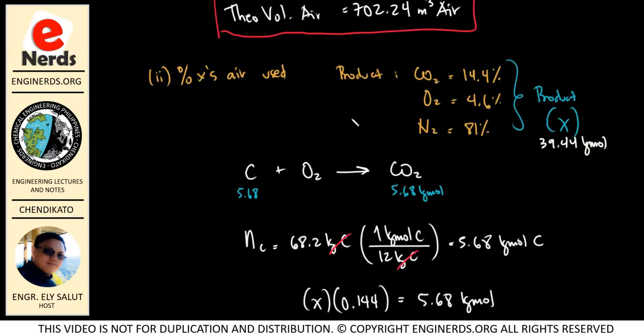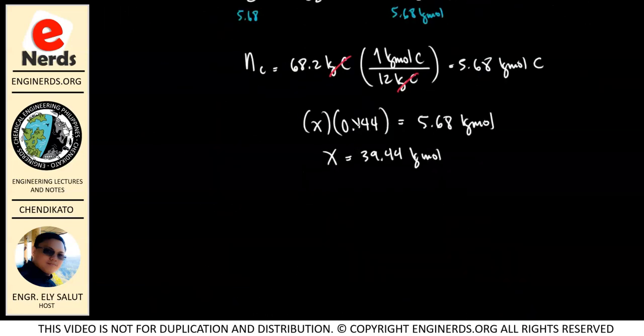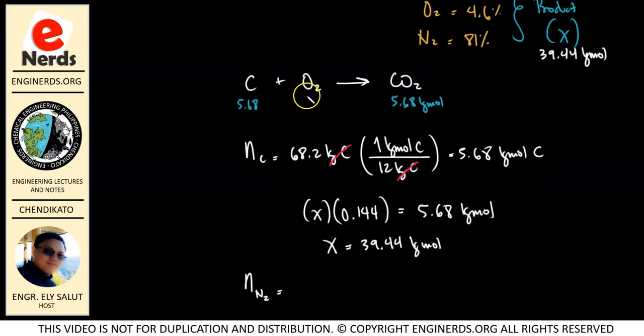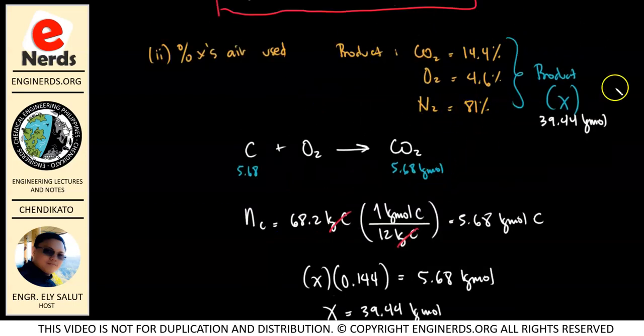Alam na natin kung ilan ang kilogram mole ng ating product. We have 39.44 kilogram mole. So we need to get the number of moles ng nitrogen, no, into gas sa ating product. Okay? And this is equal to, we know that our nitrogen is 81% ng product.